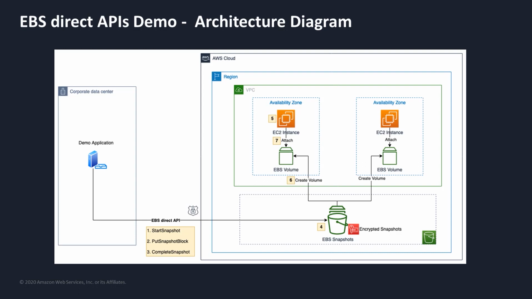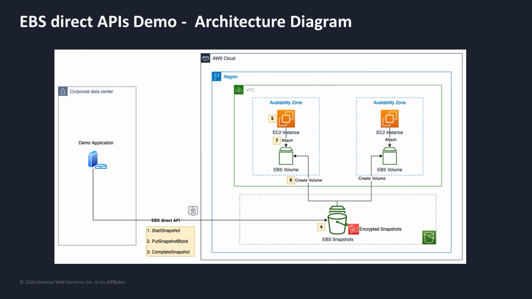And finally, we'll call the Complete Snapshot API, which is after you send all the blocks. We will create snapshots from on-premises volumes without the need to spin up Amazon EC2 instances and attaching EBS volumes to it. This allows us to lower the cost of creation and management of a disaster recovery copy in the cloud.